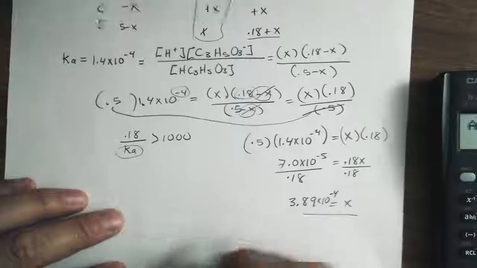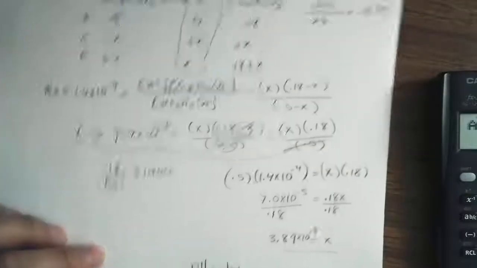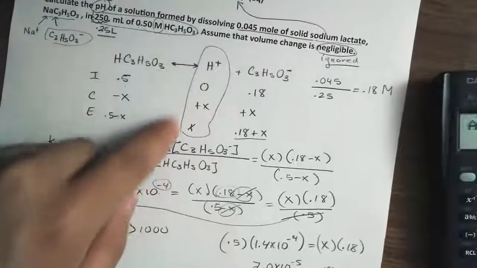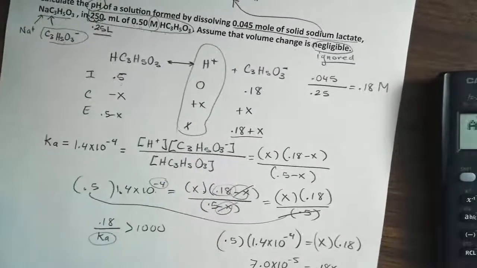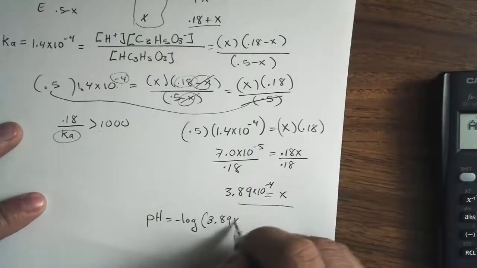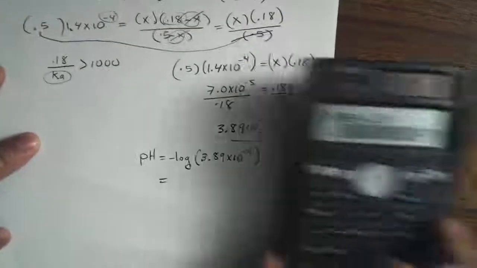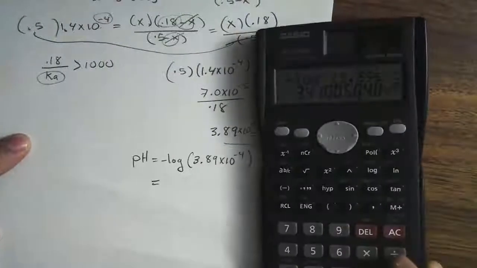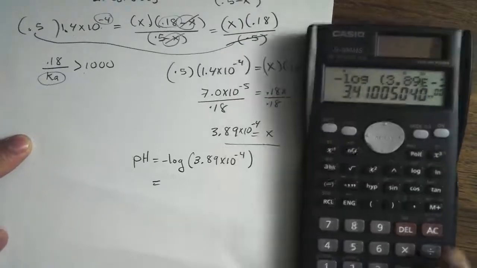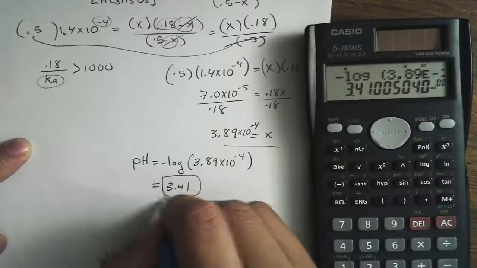Of course, pH is equal to the negative log of the concentration of H, which is represented by x at equilibrium, which is equal to that right there. So we have negative log of 3.89 times 10 to the negative 4. And what would that give us? That gives us 3.41 as our pH. So that is the answer right there.